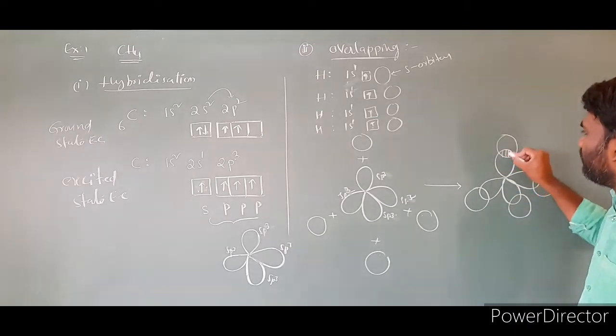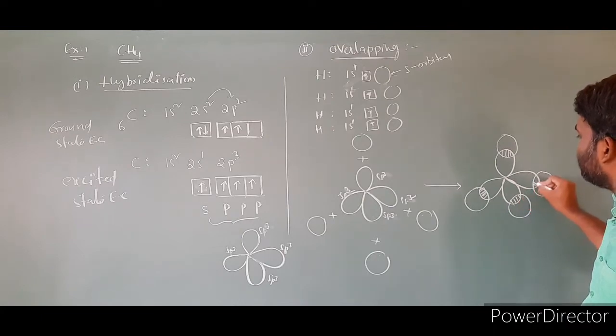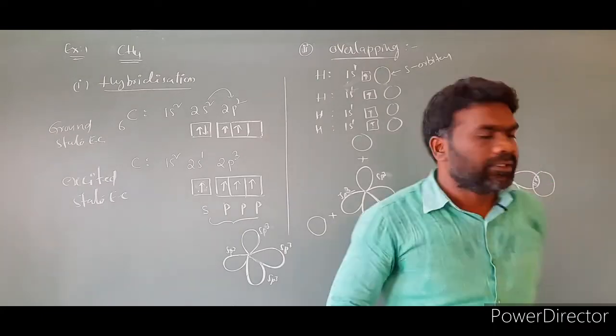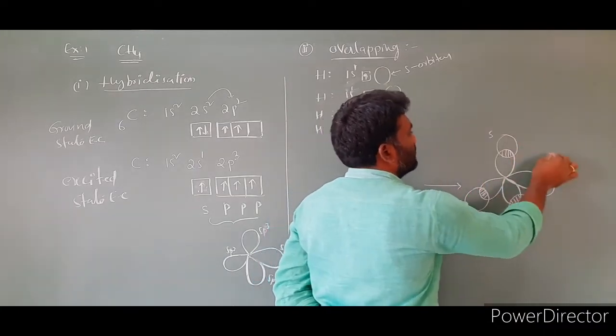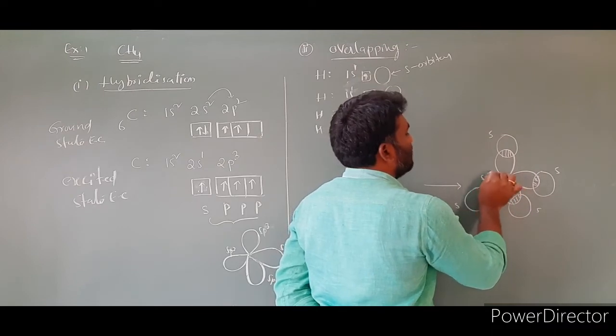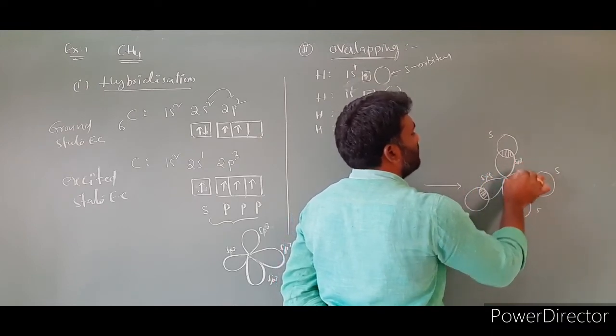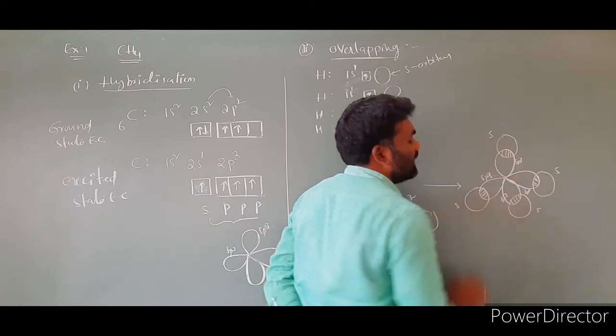This is the overlapped region, and this is the overlapped region. These are the s orbitals of hydrogen, and these are the sp3 hybridized orbitals from carbon.